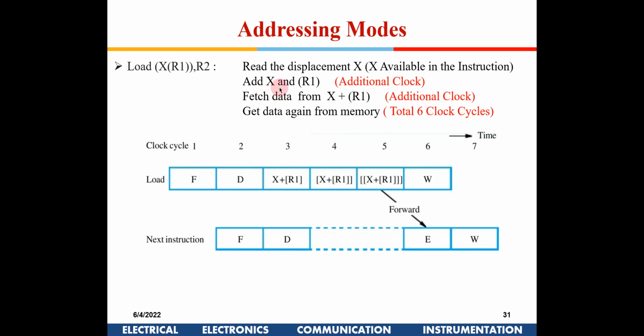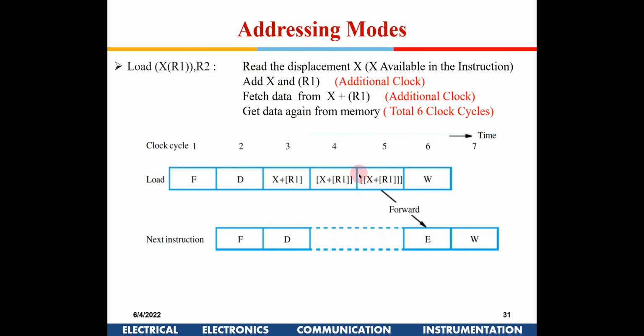First you add X plus R1, and then you fetch from that memory location. Now this is not data actually, this is a memory address again, because you have put one more bracket. You are adding the contents of R1 with X, so one memory location has been computed. Now from that memory location you are getting this data, and that data is now a memory address. Now you require one more access, so you will see the number of clock cycles has increased. Here you find there is a stalling happening because it requires many operations.